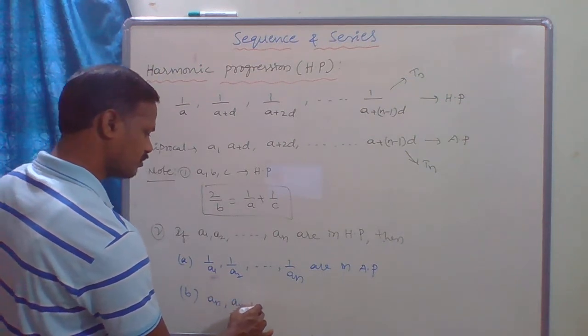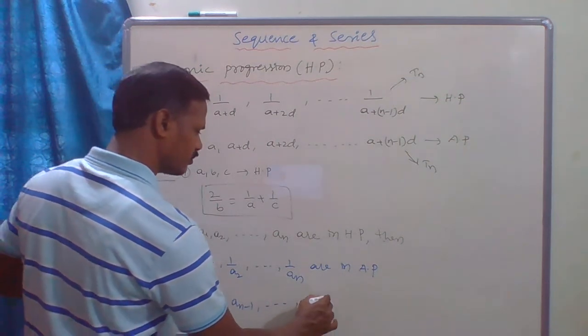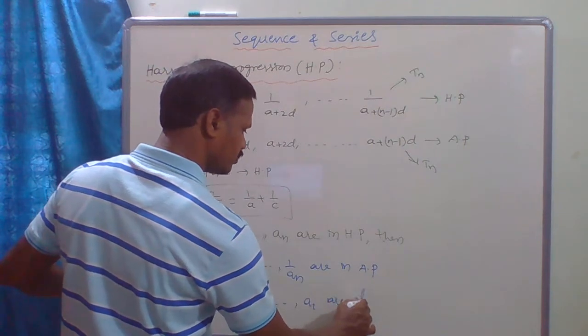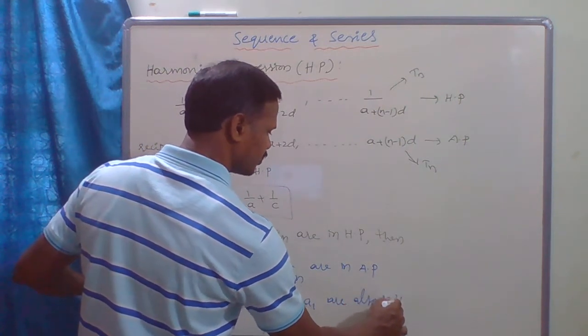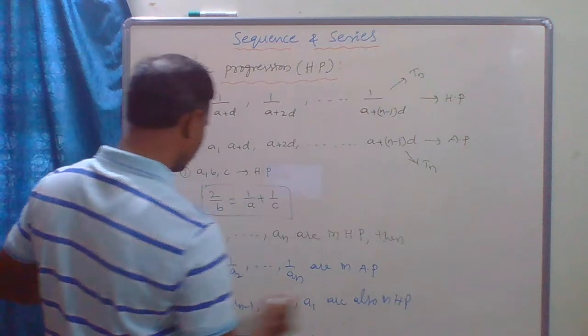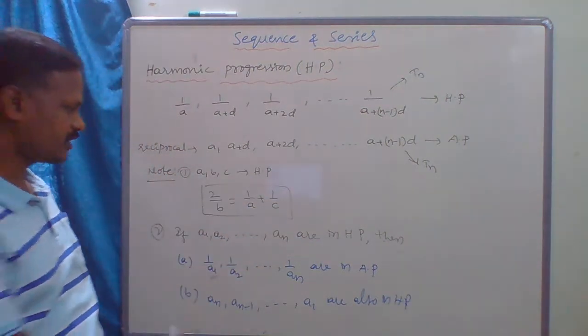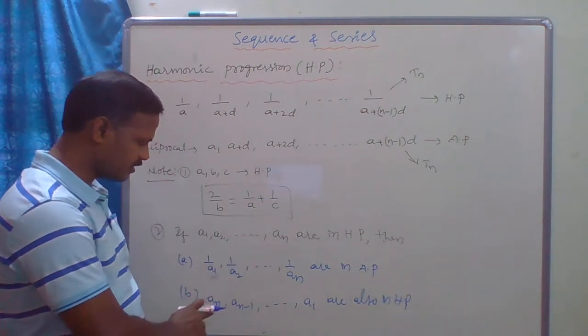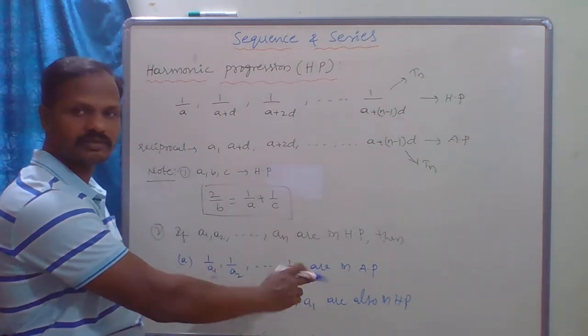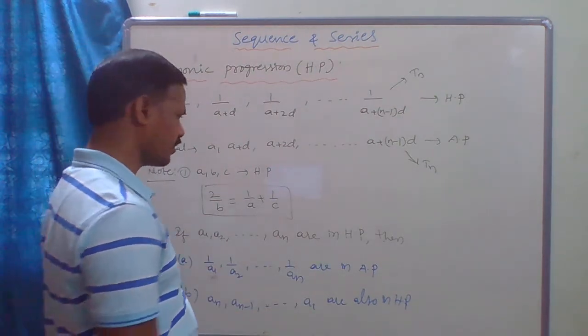AN, AN minus 1, and so on, A1 are also in HP. If A1, A2, AN are in HP, then the terms in reverse order, AN, AN minus 1, and so on, are also in HP. Okay?